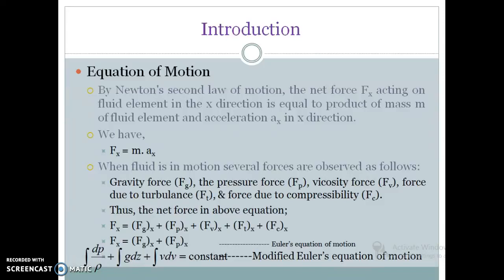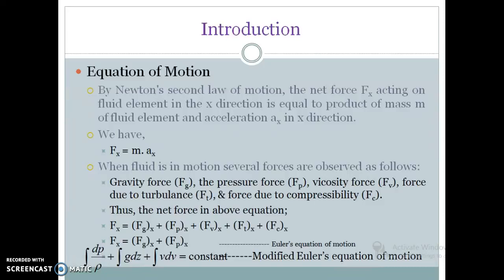That means in the Bernoulli equation of motion we have only the first four force terms. Secondly, when we consider no compressibility and the turbulent force is also absent, or negligible, then we have the remaining only three terms, that is the force due to gravity, pressure force and the viscosity force.